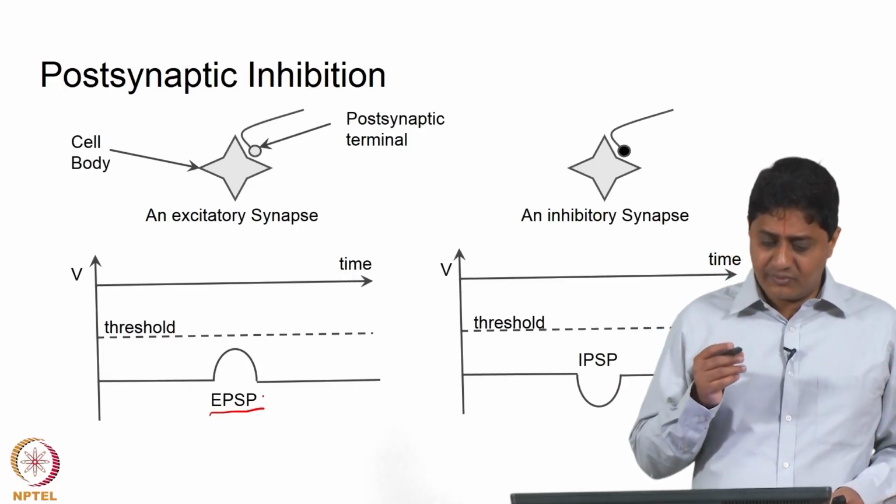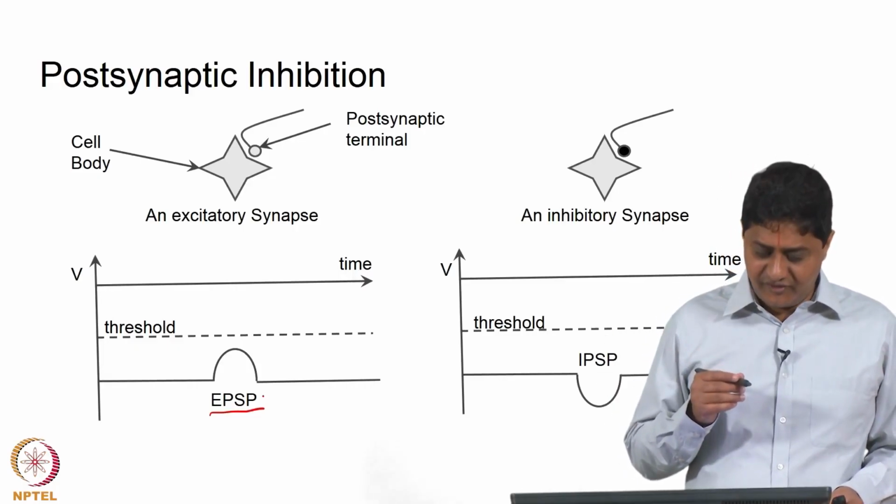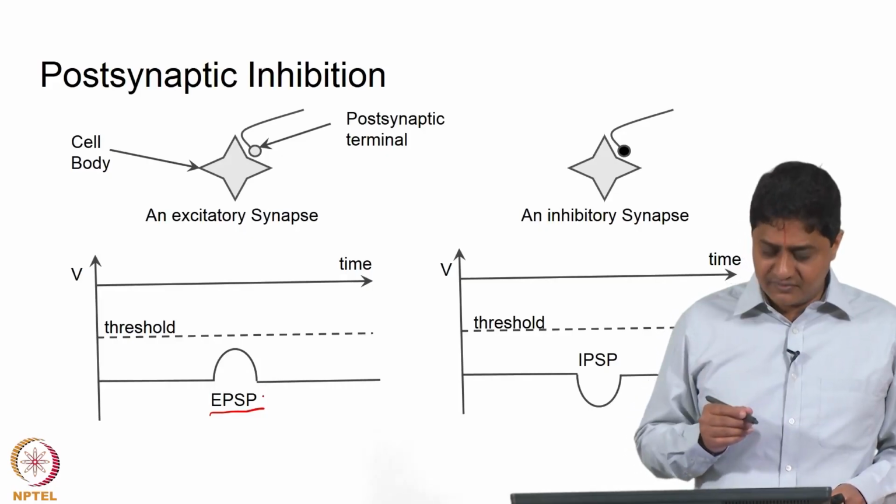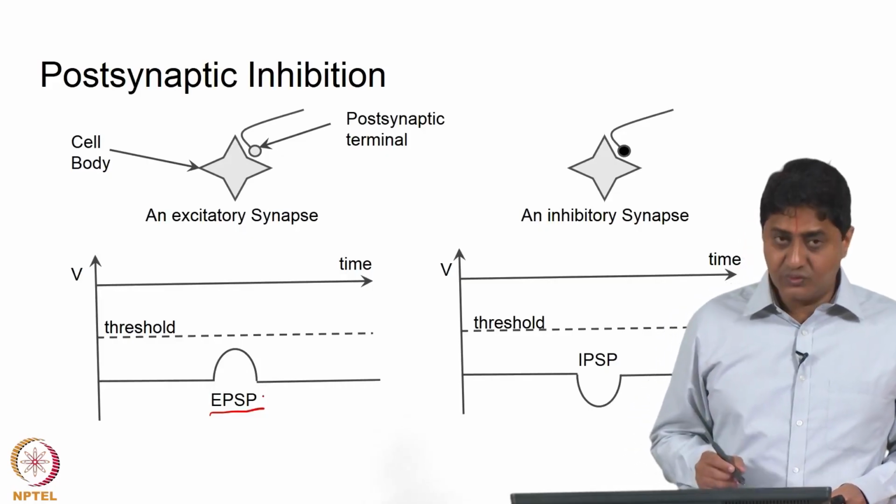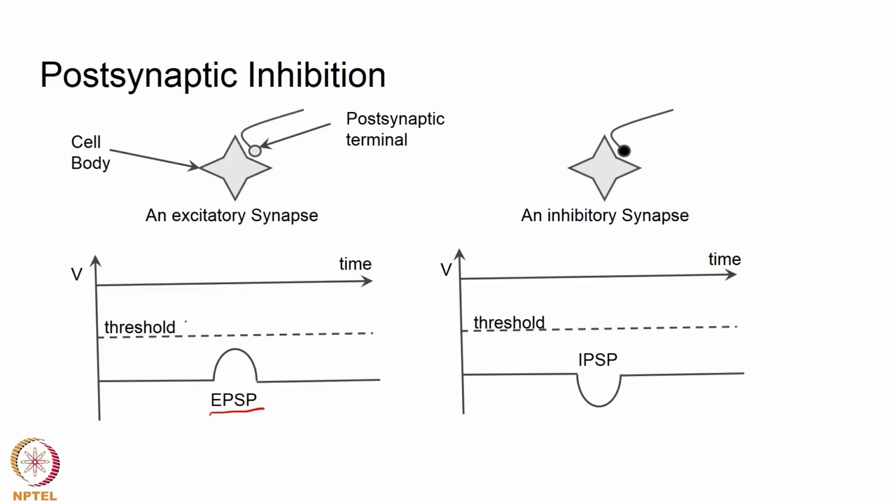So, this postsynaptic potential takes the cell closer to its threshold. Earlier the difference between the threshold and the membrane potential was large.